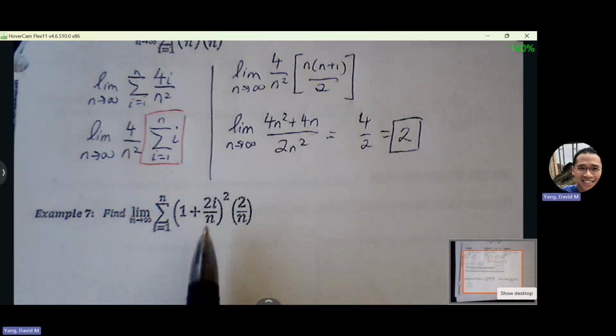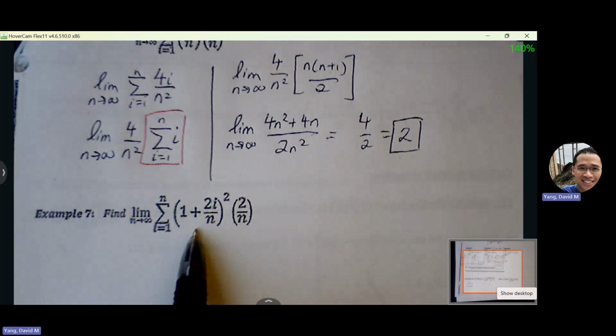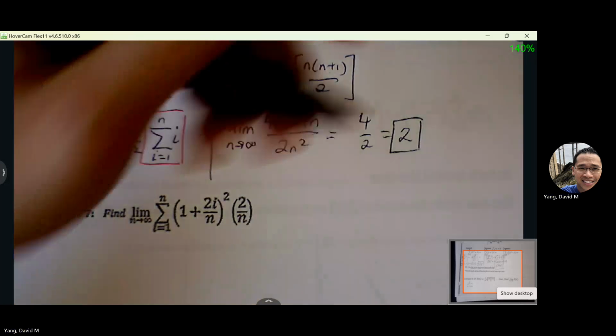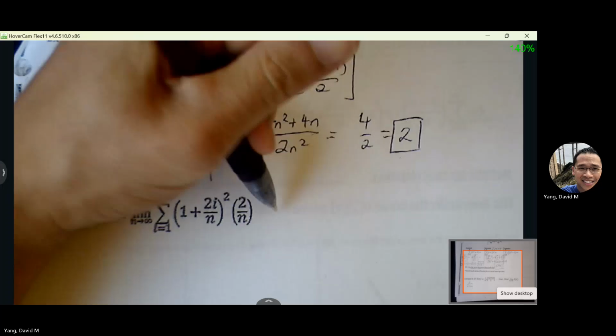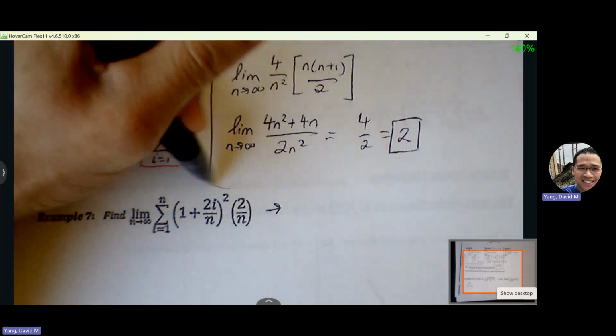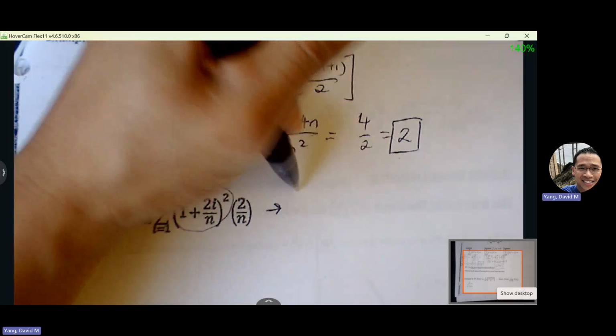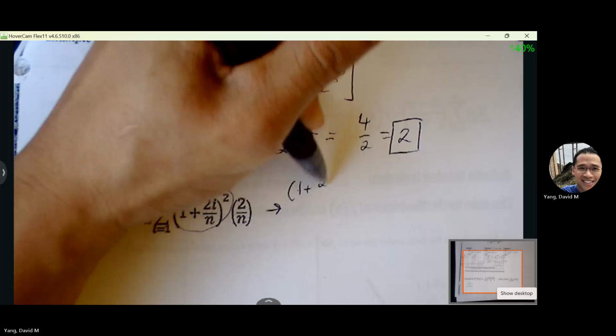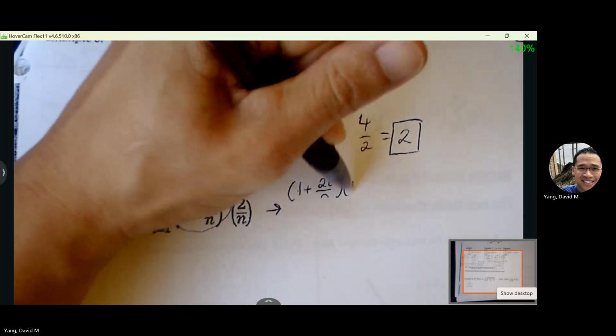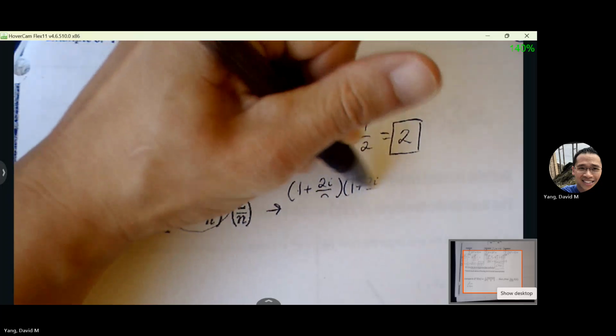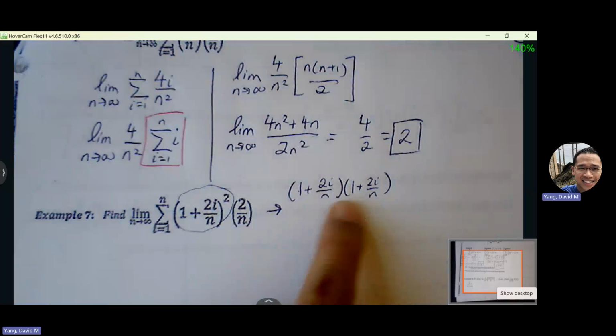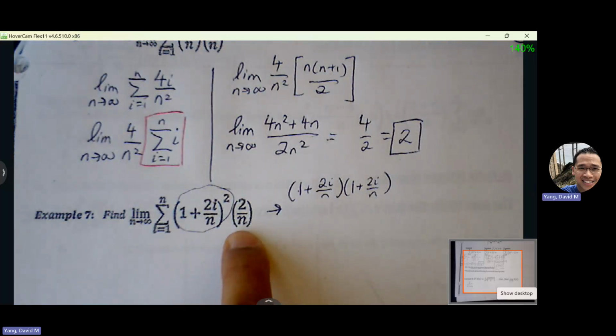Okay, let's do a more involved one. This one, we're going to FOIL everything out. So I'm just going to focus on this piece here. I'm going to FOIL that out. I'll distribute this first, and then I'll worry about that 2 over n.